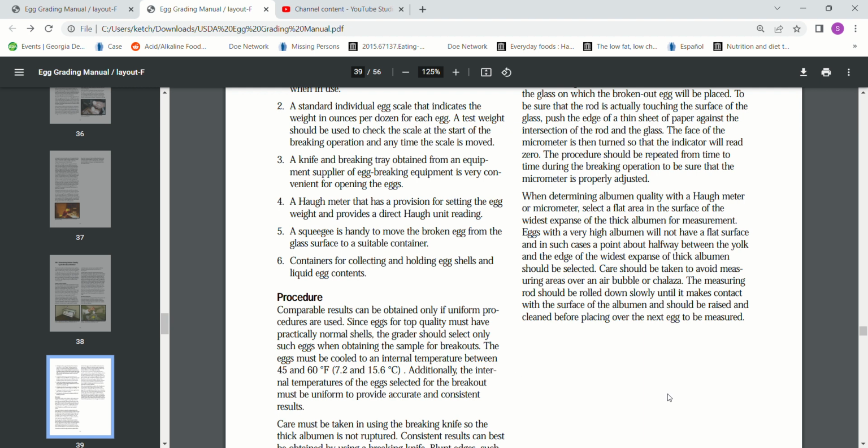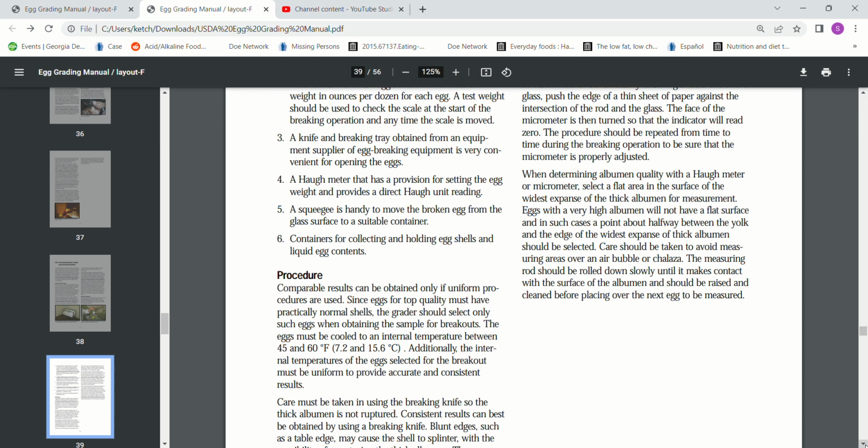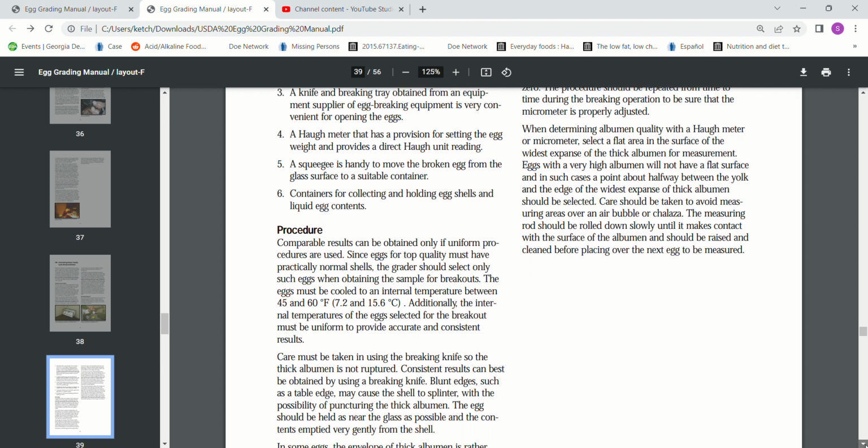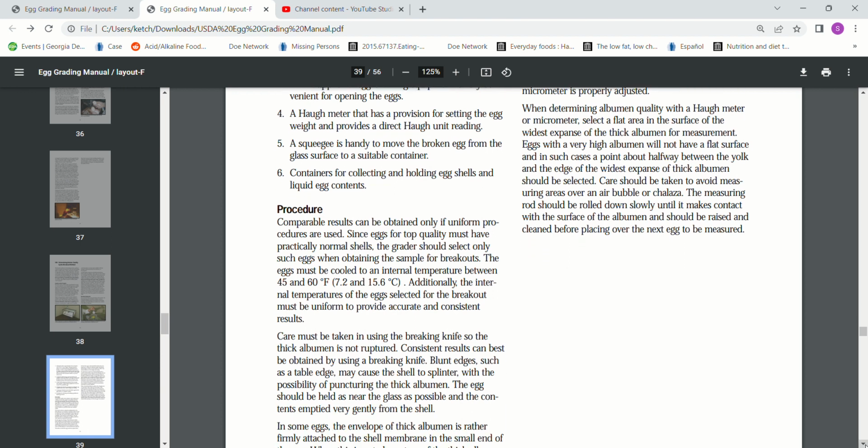Micrometer. When determining albumen quality with a Haugh meter or micrometer, select a flat area in the surface of the widest expanse of the thick albumen for measurement. Eggs with a very high albumen will not have a flat surface, and in such cases, a point about halfway between the yolk and the edge of the widest expanse of the thick albumen should be selected.